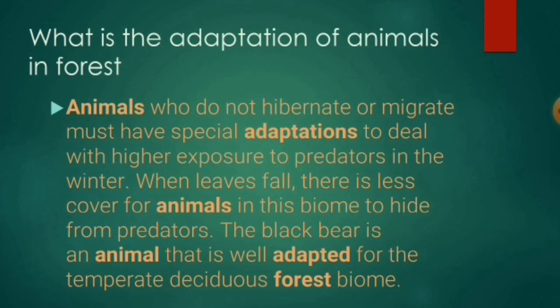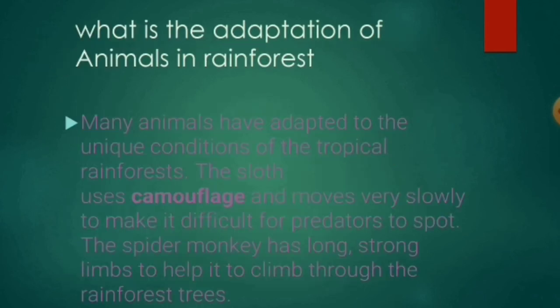Friends, these animals do not hibernate or migrate, so they must have special adaptations to deal with their higher exposure to predators. For example, an animal which lives in a forest, like a black bear, can adapt well to the temperature in the deciduous forest, which is called a biome.